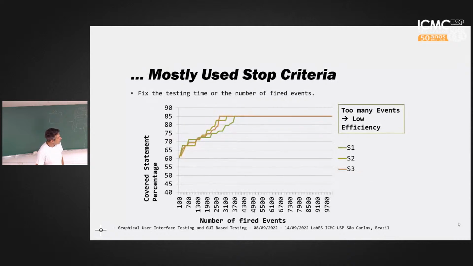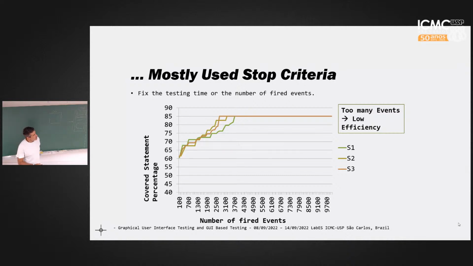Now, imagine that I choose to perform a lot of events. What do you observe? After a number of executions, they converge. Yeah. Probably because they explored all this space of states.